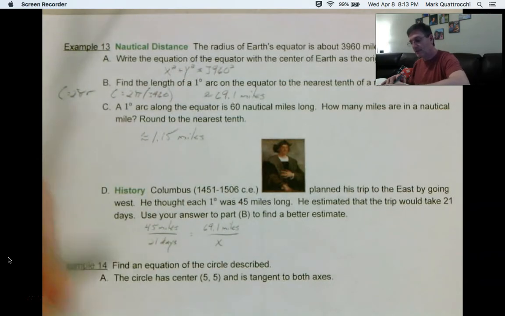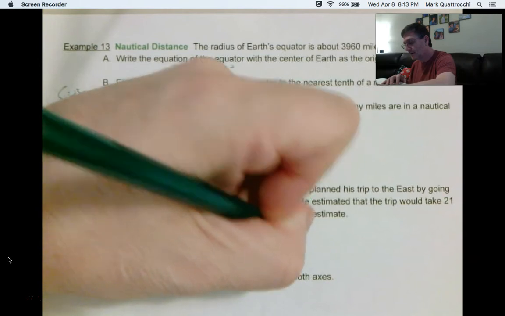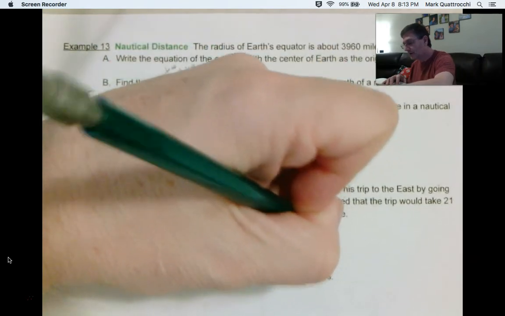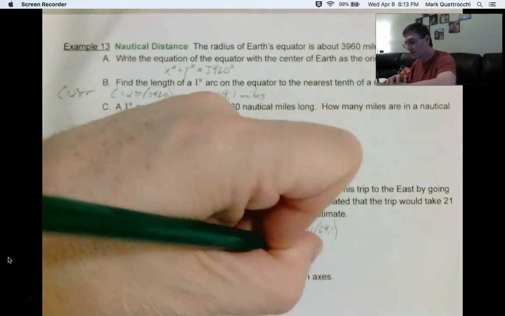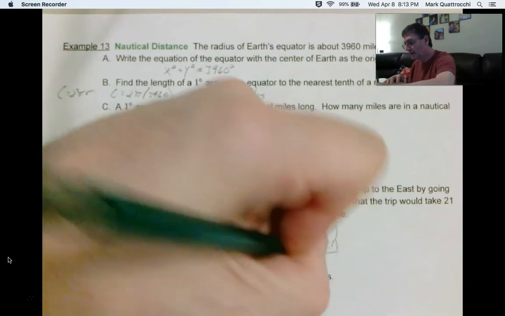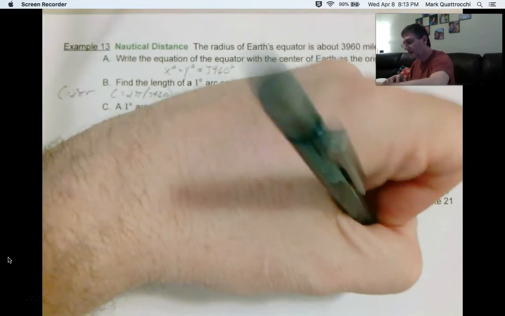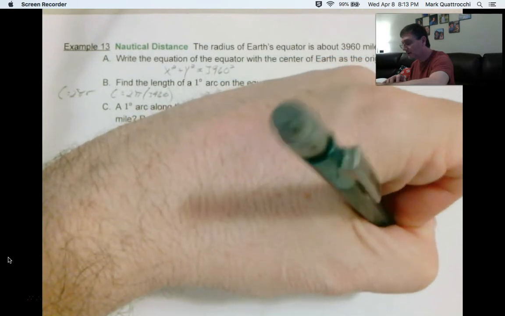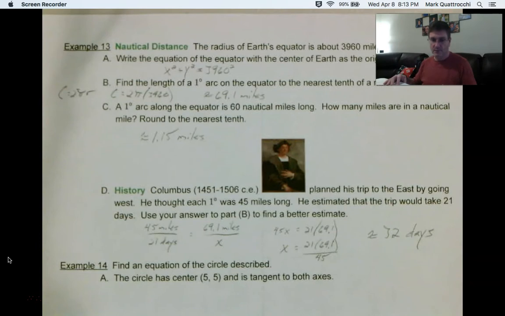Cross product property, 45x equals 21 times 69.1. x equals 21 times 69.1 divided by 45, or approximately 32 days is what the trip should have taken.